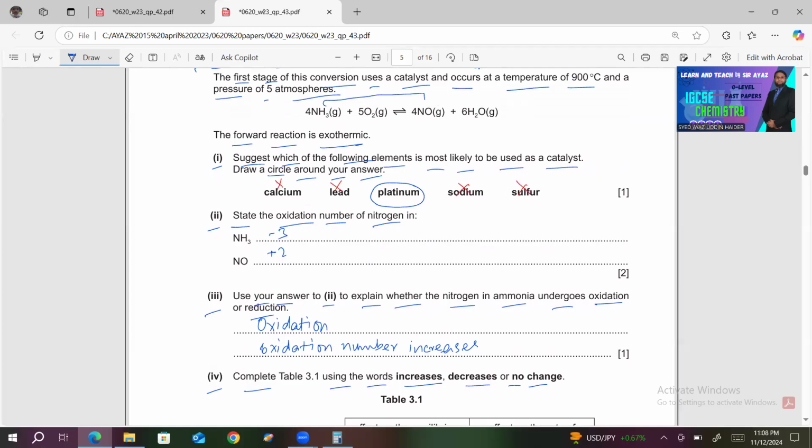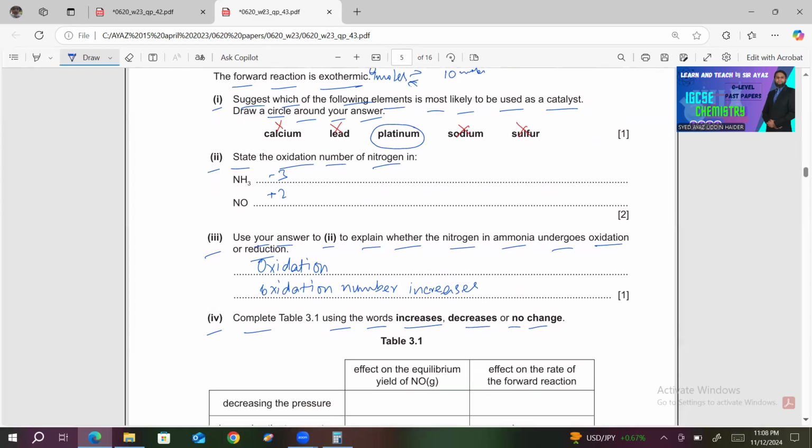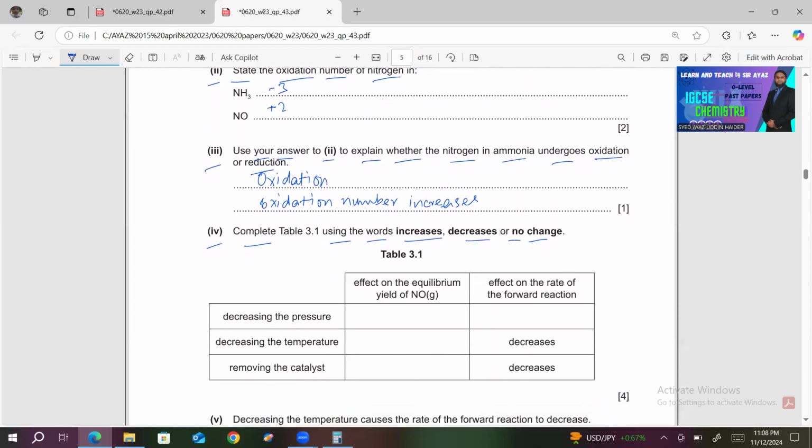If you add up 4 plus 5, you get 9 moles on the reactant side, and on the product side, 4 plus 6 is 10 moles. This means decreasing the pressure will shift the equilibrium to the right-hand side and there will be an increase in the yield of NO. So I will write increases.